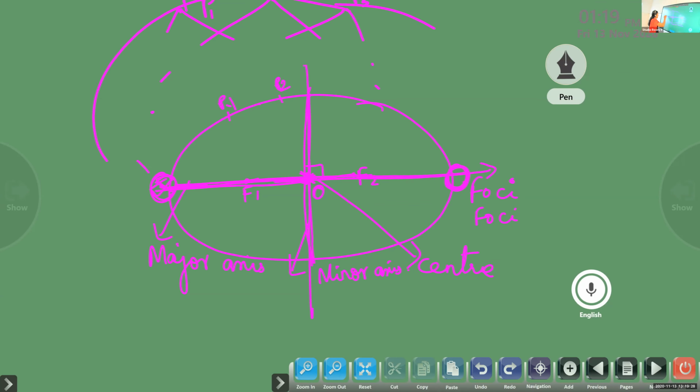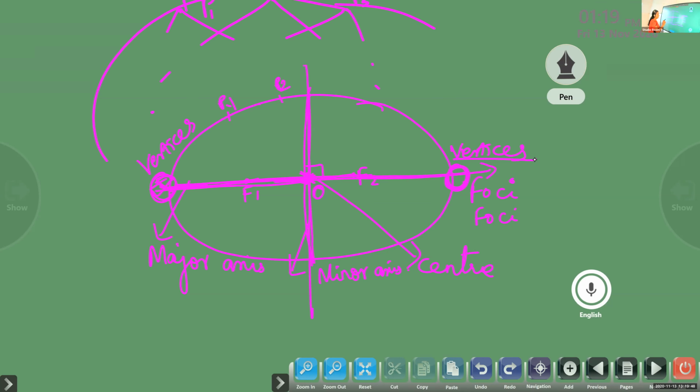These end points are called the vertices of the ellipse.